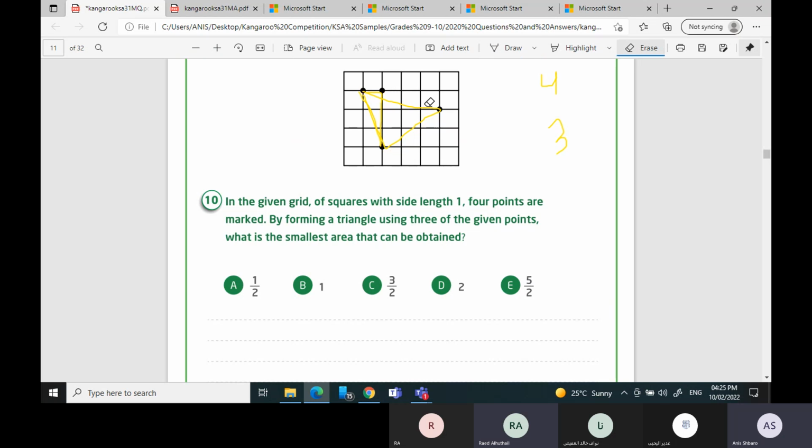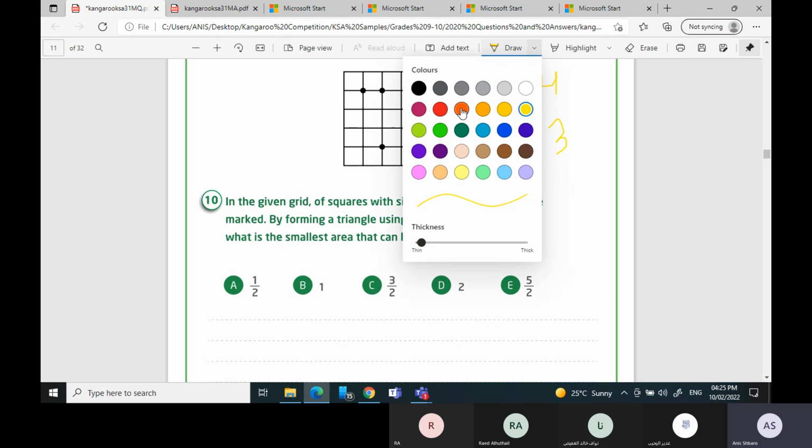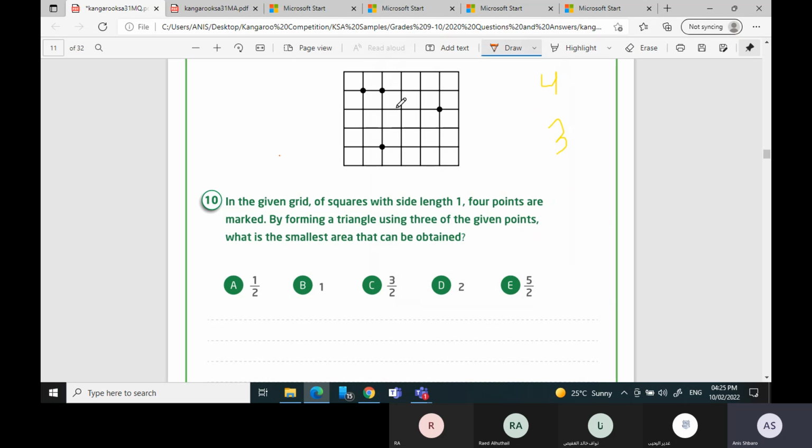Now let me erase everything because I got 2 main triangles. Of course, you can see that this triangle is big, right? They want the smallest area, so of course I'm going to search for the smallest triangle. This one is small. And also this one is small.